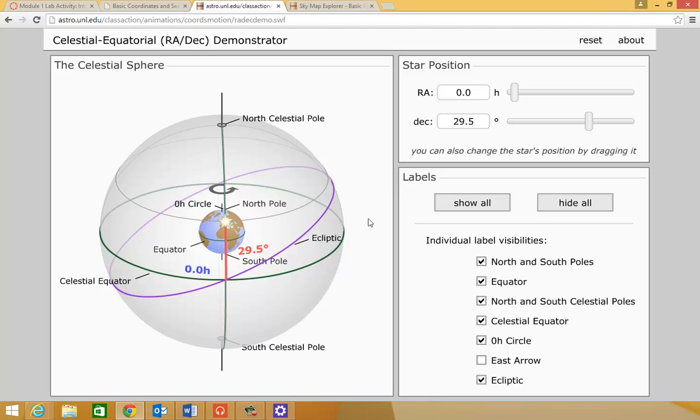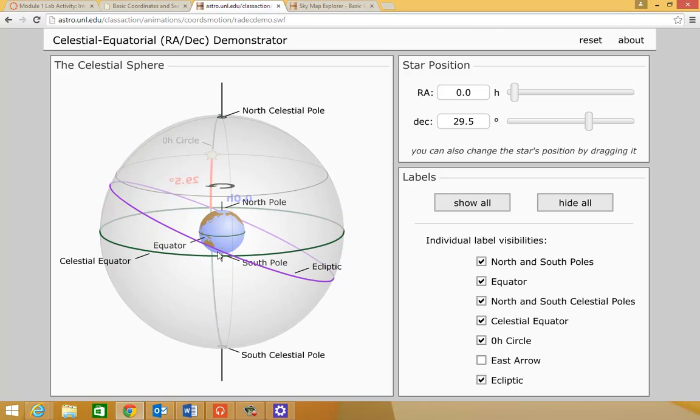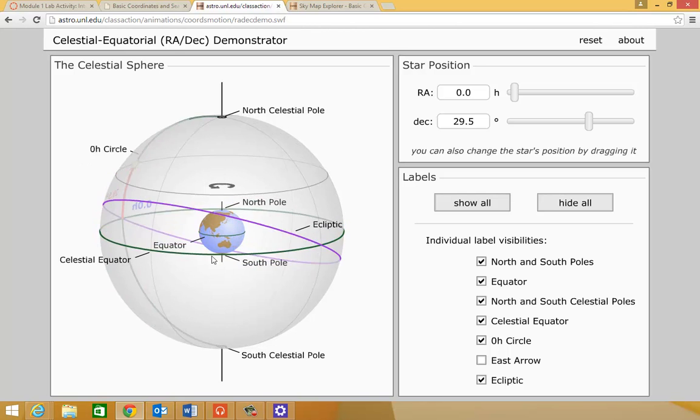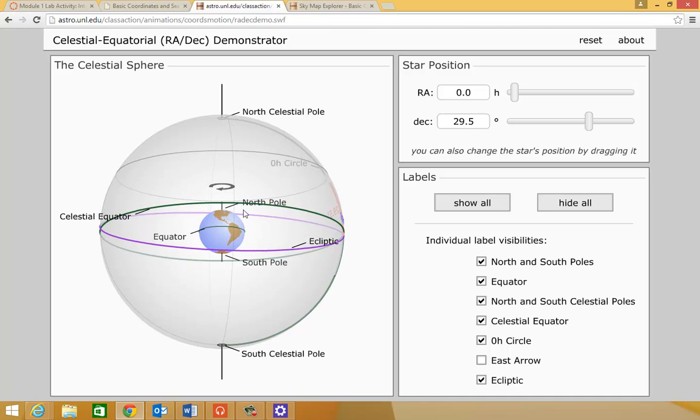In late September, remember the path of the sun during the course of the year is the purple line. It's over the celestial equator on September 21st. It's well above the celestial equator at the summer solstice, and it's well below the celestial equator at the winter solstice.